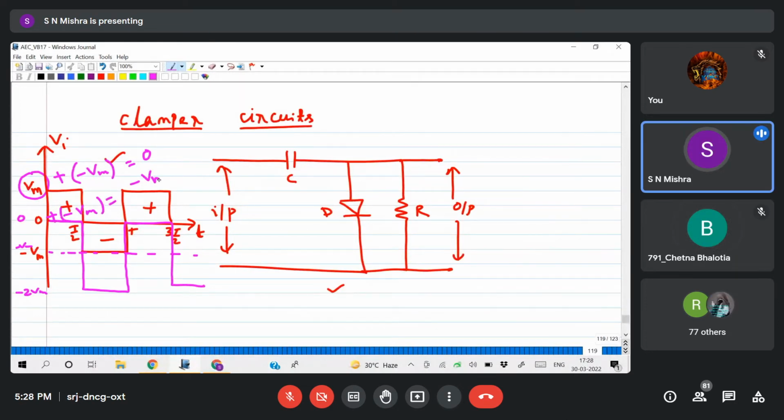Minus Vm plus minus Vm gives minus 2 Vm. Here 0, here minus Vm, here minus 2 Vm. You see here.